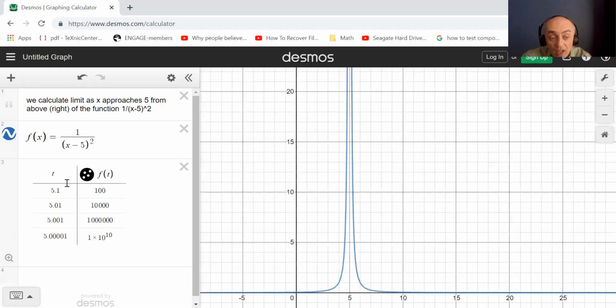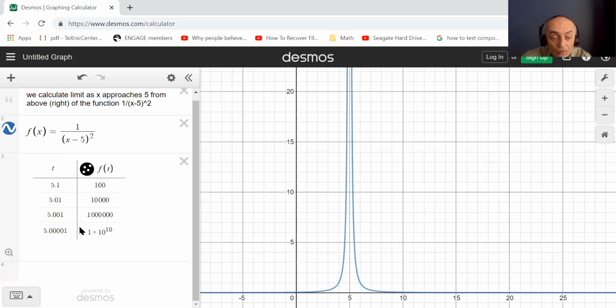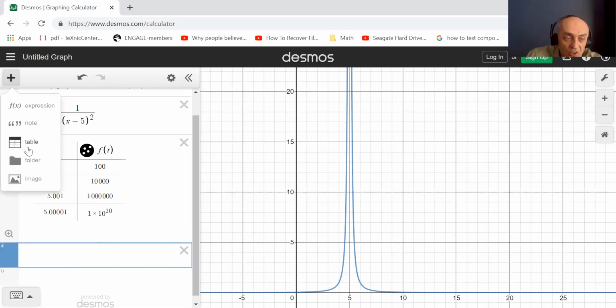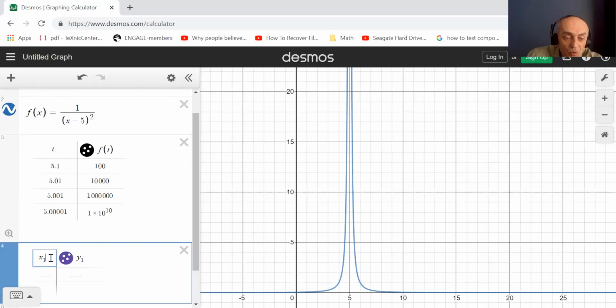And you can check this with a table. You can do another table if you are curious from the left. This is the exact same table. Actually, let's do it because it takes really just a minute. We can put another letter here. Let's put A, and let's put f of A on this side of the table.